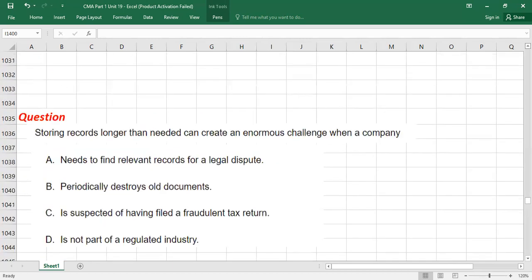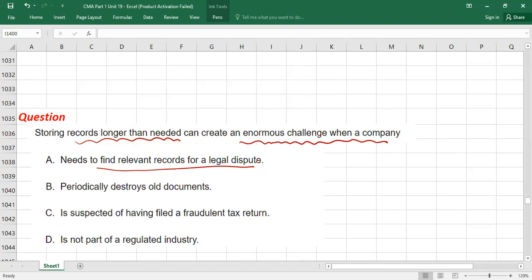Then we have another question here: storing records longer than needed can create an enormous challenge when a company needs to find relevant records for a legal dispute. It is correct. Because if you have so many records and you are unnecessarily storing them, and now you want to search for a specific document, it will create a problem to find that document from a bulk of files.